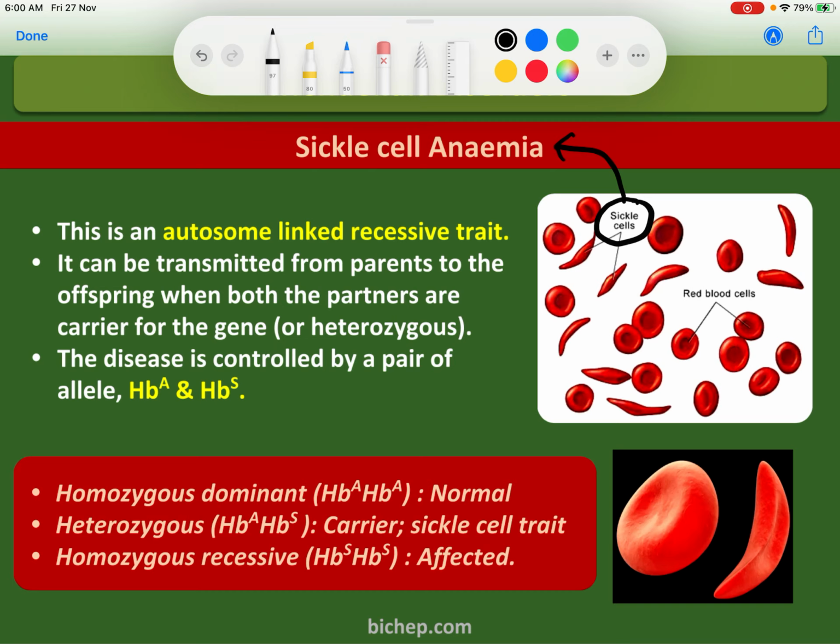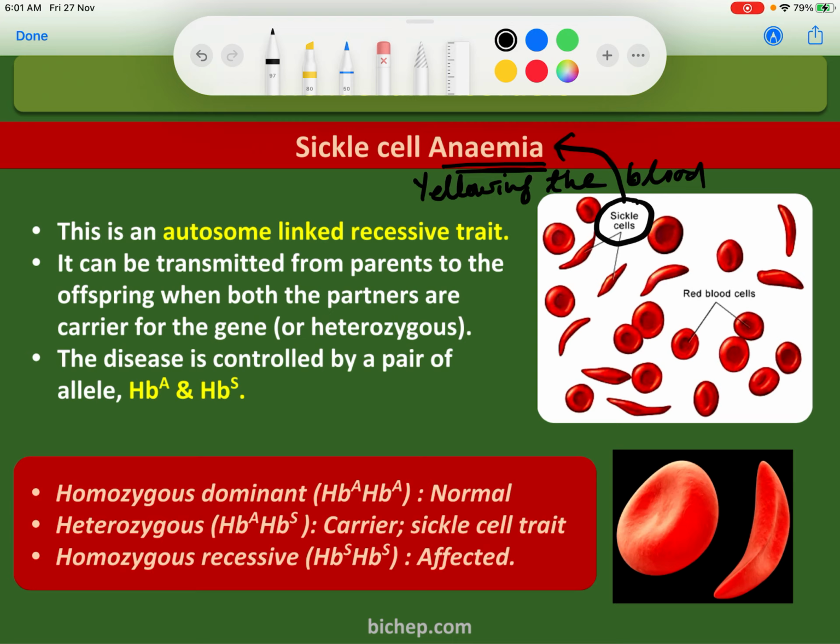Now why is it anemia? Anemia is yellowing of the blood. So blood turns yellow instead of red.